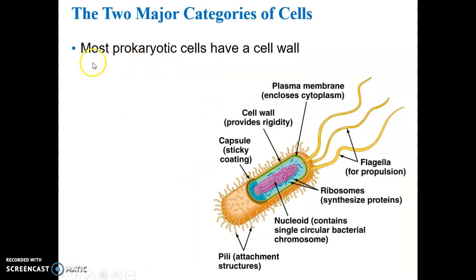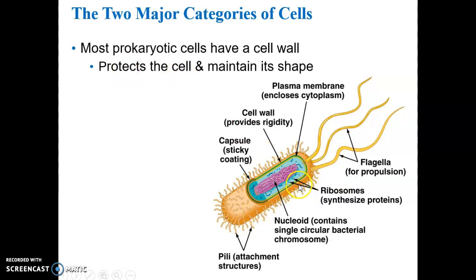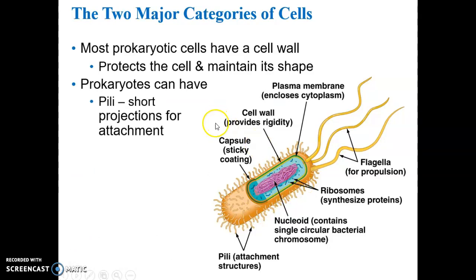Oh, here we go. So most prokaryotic cells have a cell wall, which provides some rigidity to the cell, protects the cell and helps maintain its shape. And prokaryotic cells can have pili, which are these short projections from the cell, and they usually are involved with allowing the prokaryotic cell to attach to structures.